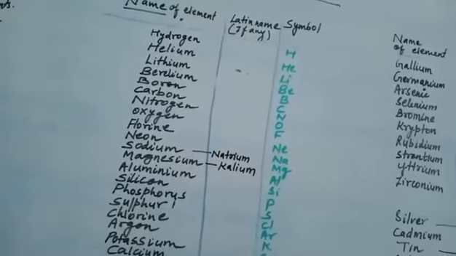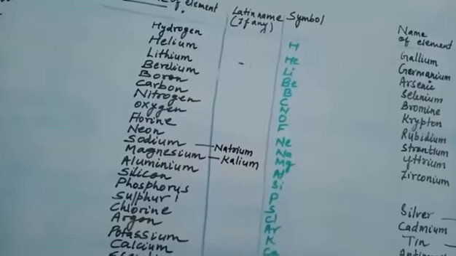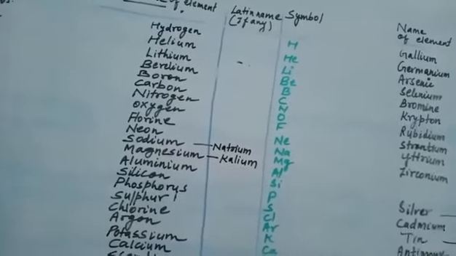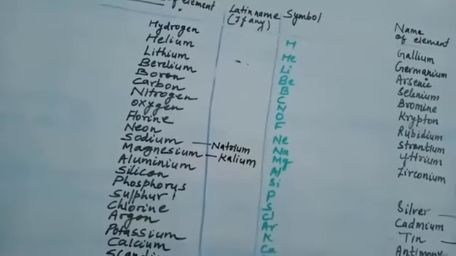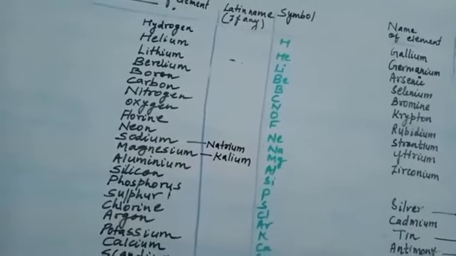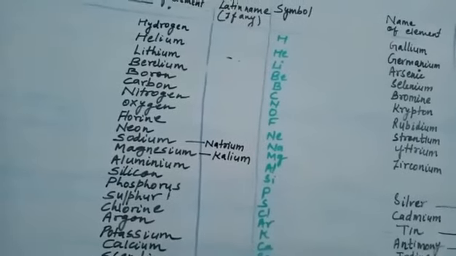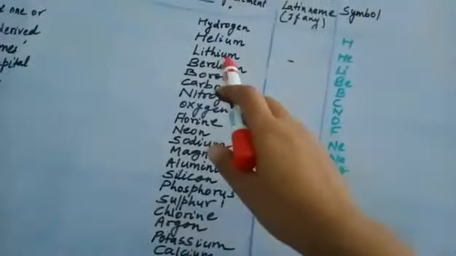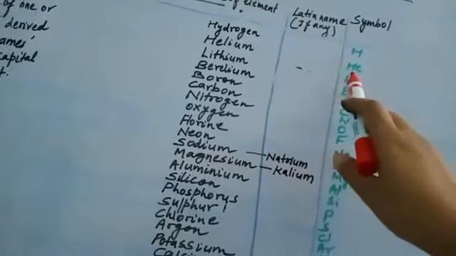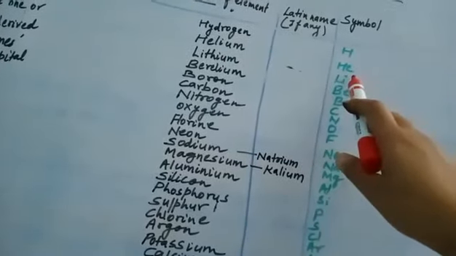If it is just one letter, it is written in capital. If it is of two letters, then the first one is always capital, and the second letter you generally write in small letter only. That you can see in helium: the first letter H capital and e small.